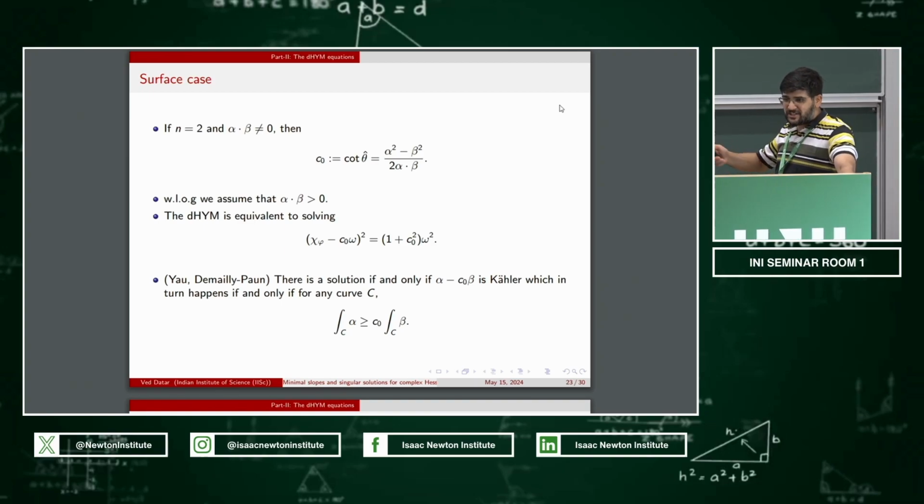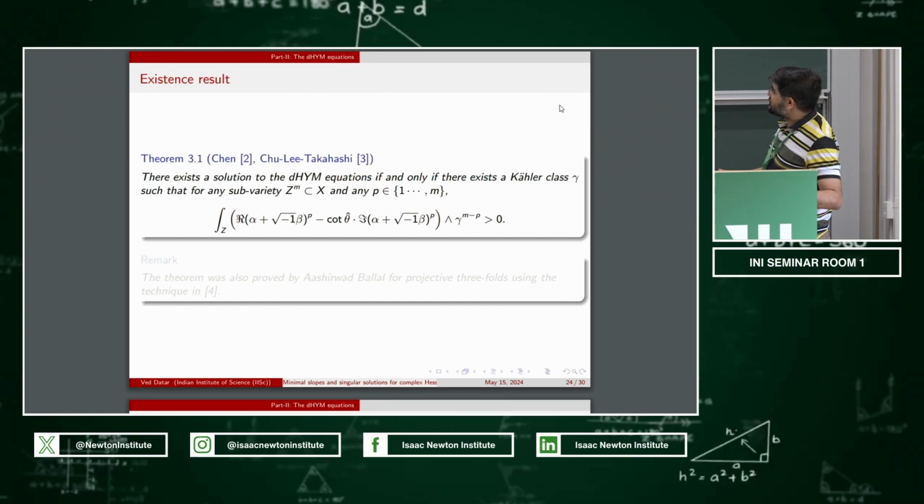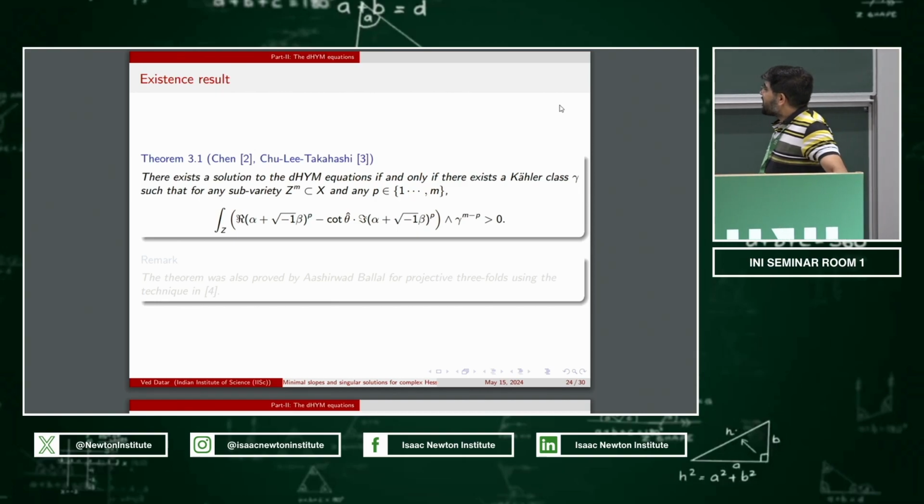It turns out that their original conjecture is not quite correct, but a slight modification of their conjecture actually holds. The optimal existence result was obtained in the uniform case by Chen, and then in the non-uniform case by Chu, Lee and Takahashi. You have a solution if and only if for every analytic subvariety, the intersection numbers you compute are positive.